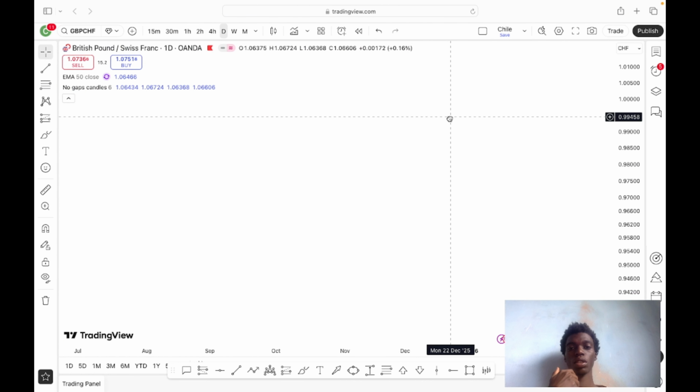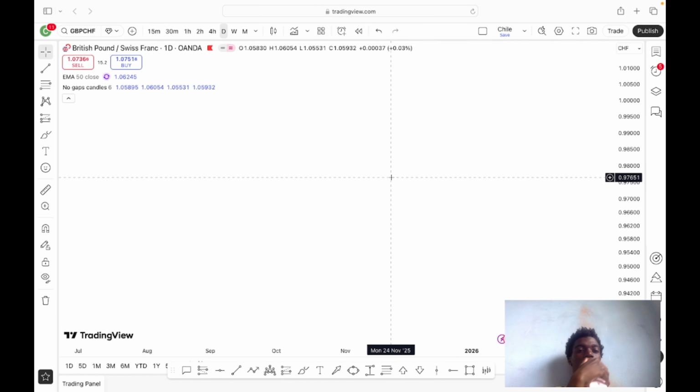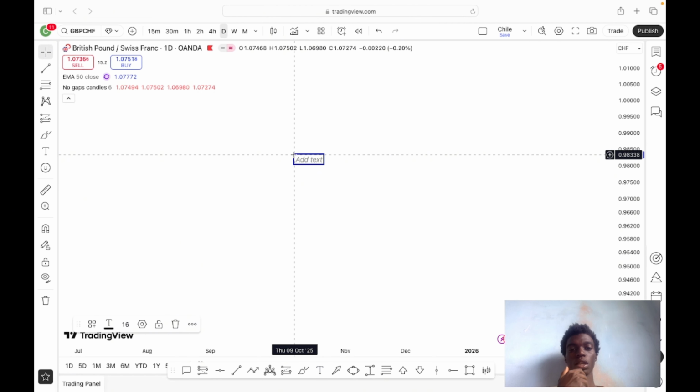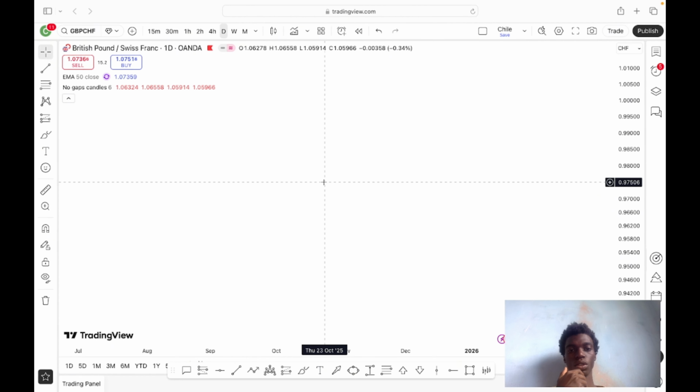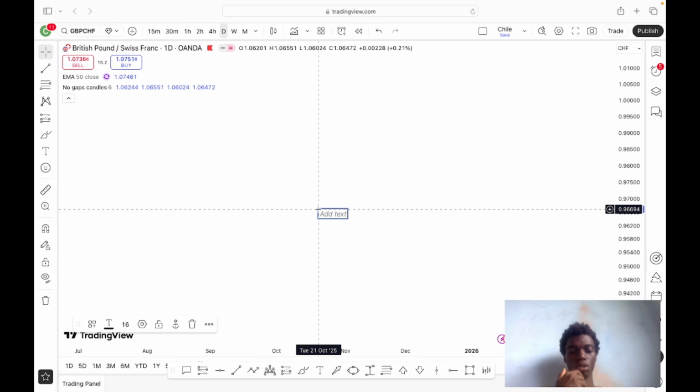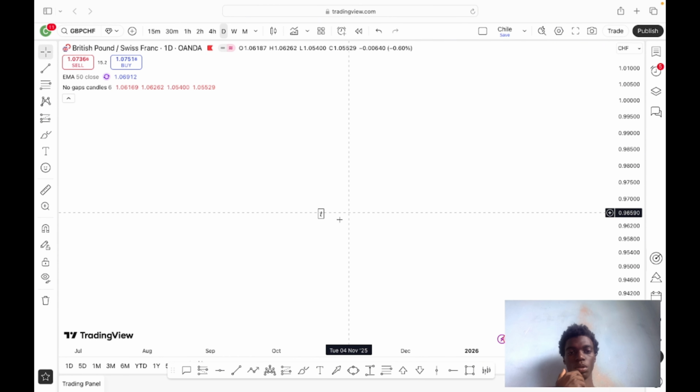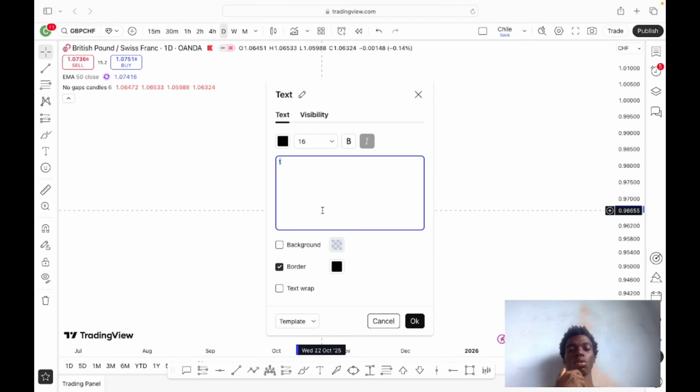So I'll just write down the things. So how do I approach the market? When I'm approaching the market, how do I put this? Like, how do I approach the market?